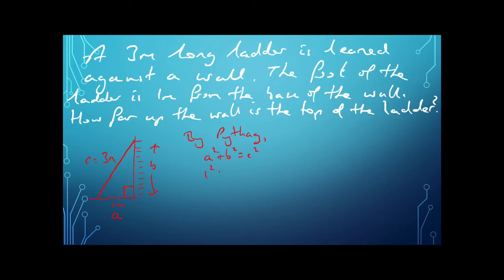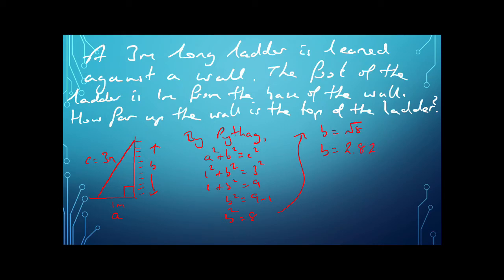So 1 squared plus b squared is equal to 3 squared. 1 plus b squared is equal to 9, so b squared is equal to 9 minus 1, so b squared is 8. Coming up to here, that means b is the square root of 8. Now the chances are we would be asked to write that to 3 significant figures, so I'm just going to find the square root of 8, and the square root of 8 to 3 significant figures is 2.83.